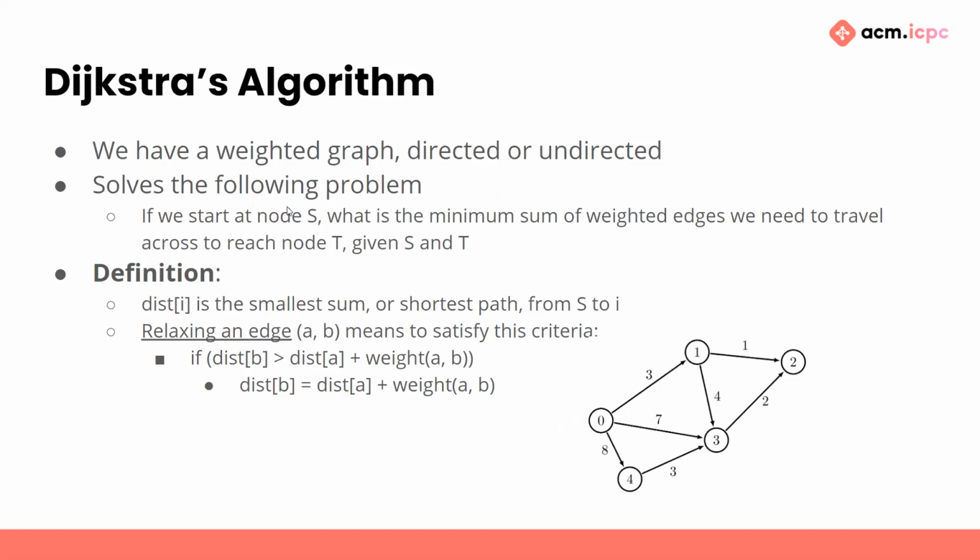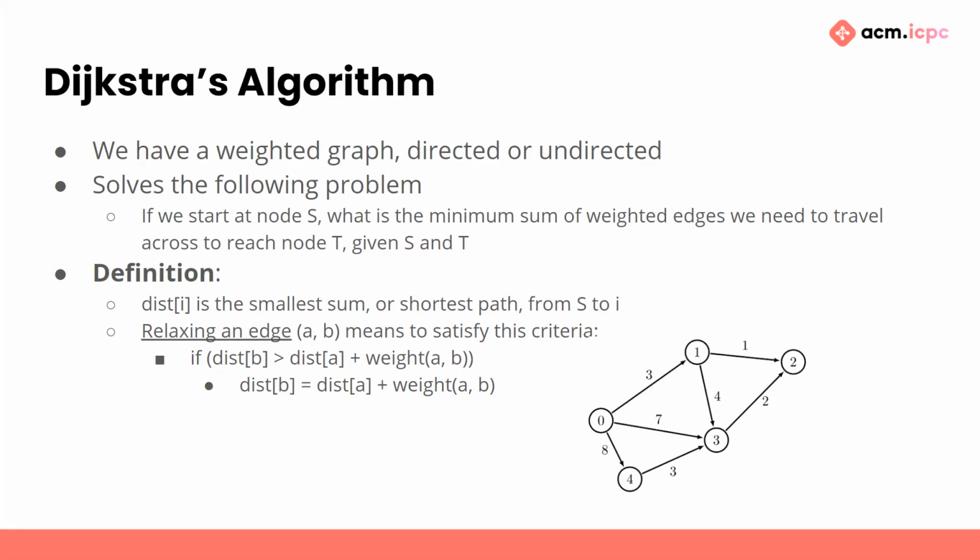After that, we'll go over the first algorithm we'll be talking about today, and that's Dijkstra's algorithm. Suppose for this algorithm we have a weighted graph, which can be either directed or undirected. In this problem, the weights on our edges are going to be numbers.